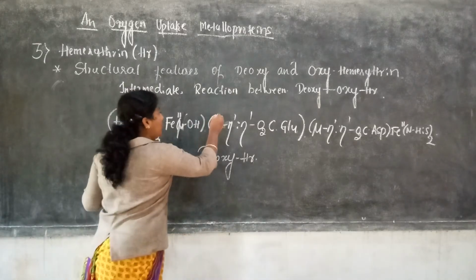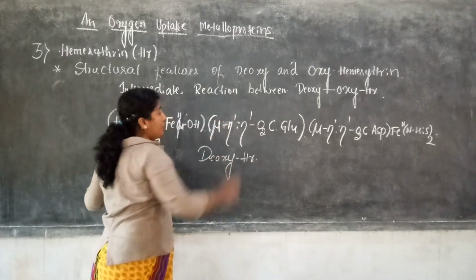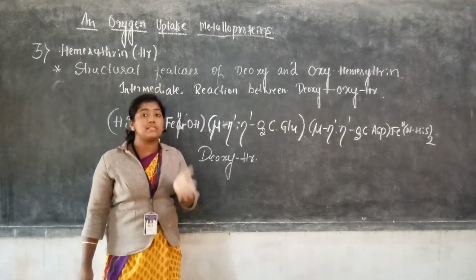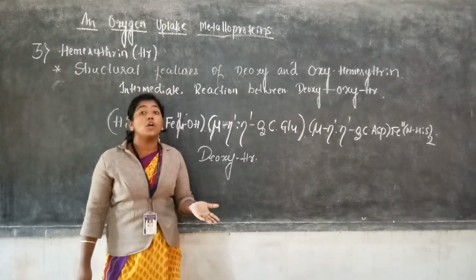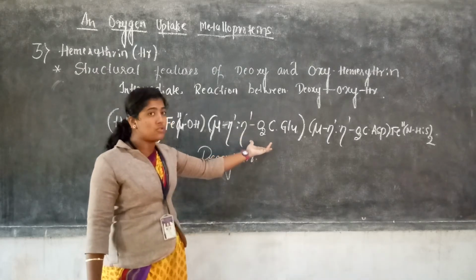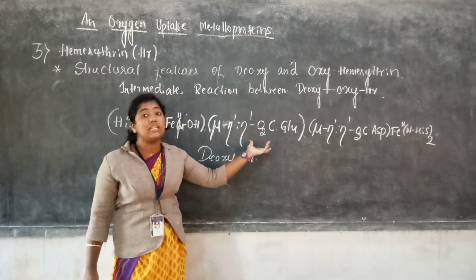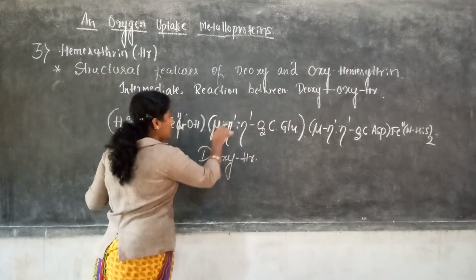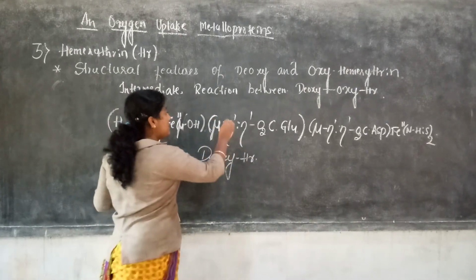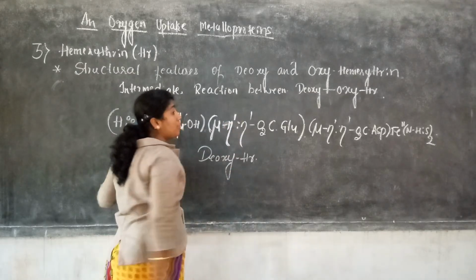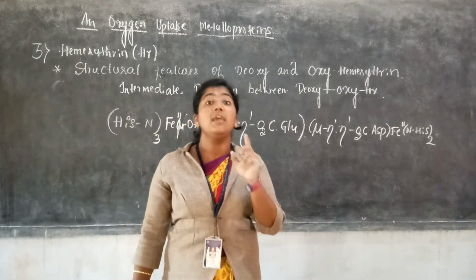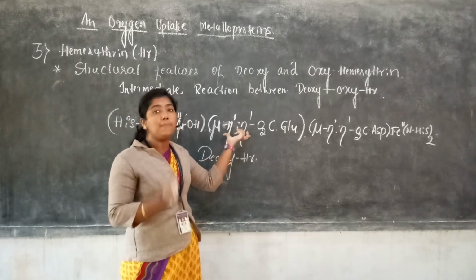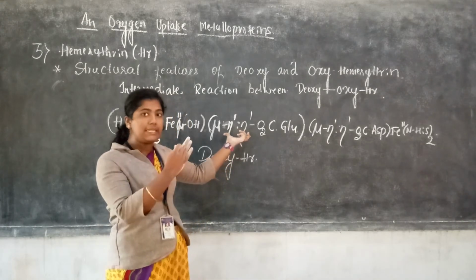Then here mu again: we observe two bridging ligands, the carboxylate groups, one aspartate and another glutamate. Both carboxylate groups also act as bridging ligands between the iron centers. This eta represents the hapticity of the ligand coordinating the metal.